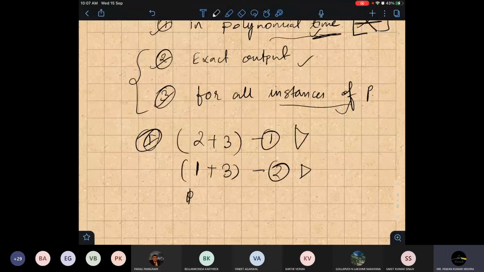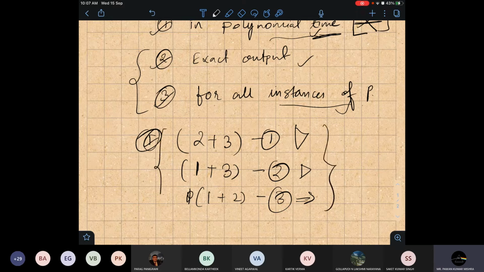Another is where we solve in polynomial time and want exact output, but not for all instances. So there are only three aspects via which we can tackle NP complete problems.